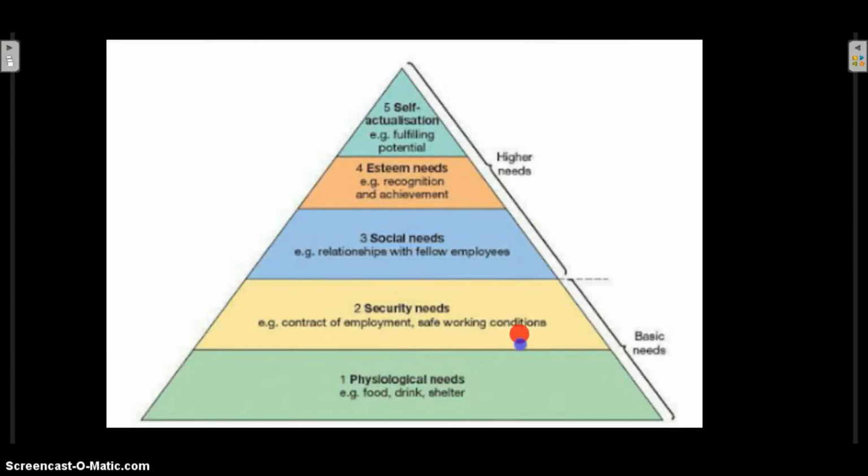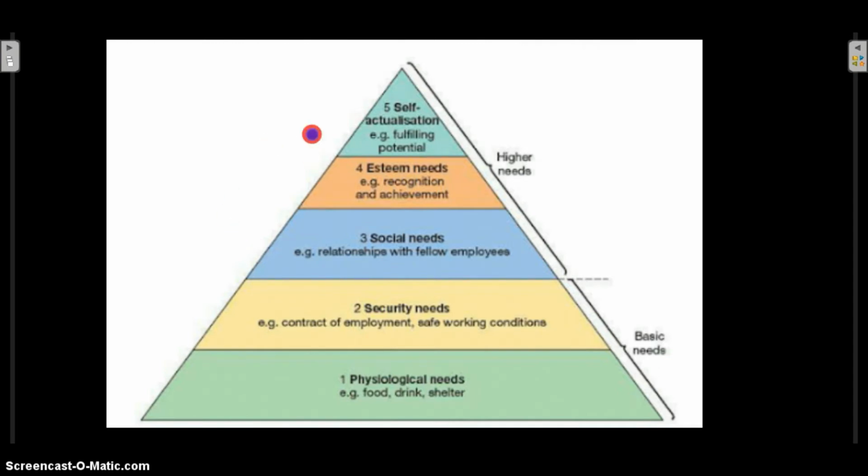So here's the hierarchy: physiological needs, then security needs, then social needs, esteem needs, and on the topmost level self-actualization needs. His theory was that when one need is completed, employees want to fulfill the next need, and when that is complete, they move on up.